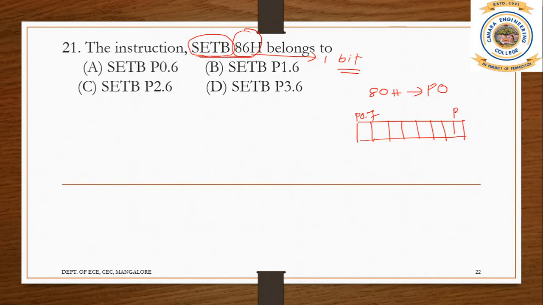So this is my P.0. So if you number it, inside this, how I number this is bit addressable space 80H, bit addressable space 81H, bit addressable space 82H. That way P.6 will be bit addressable space 86H. So answer here is option A.